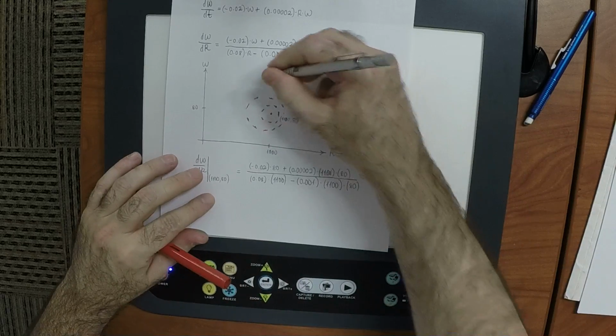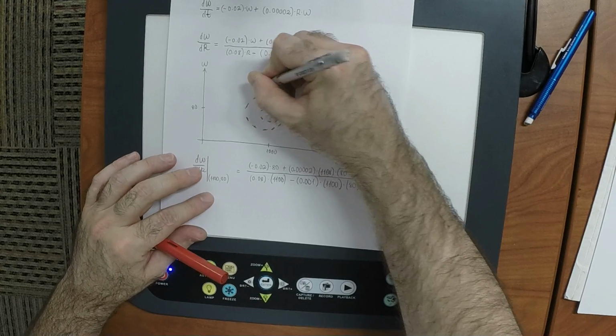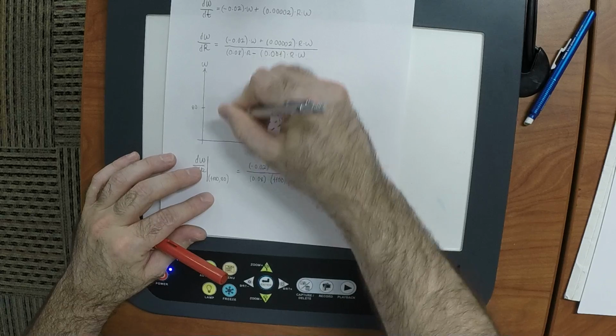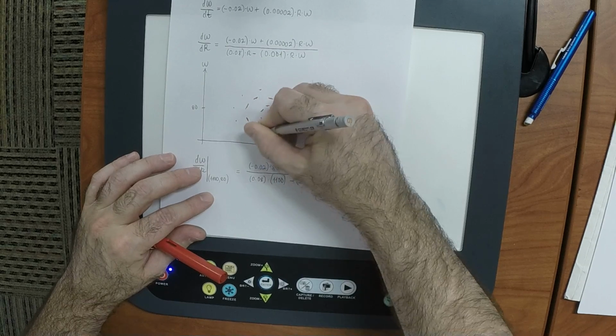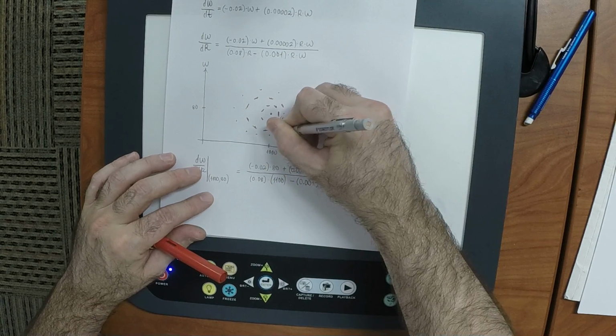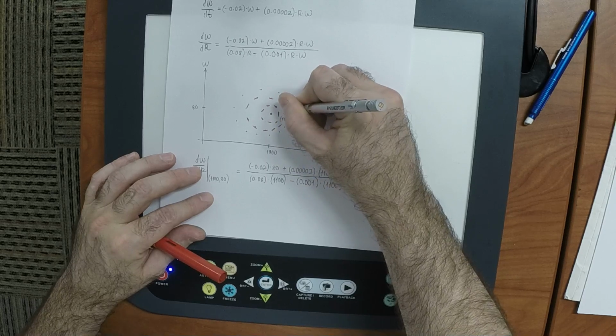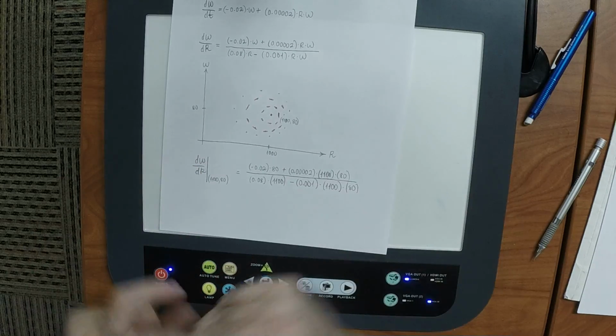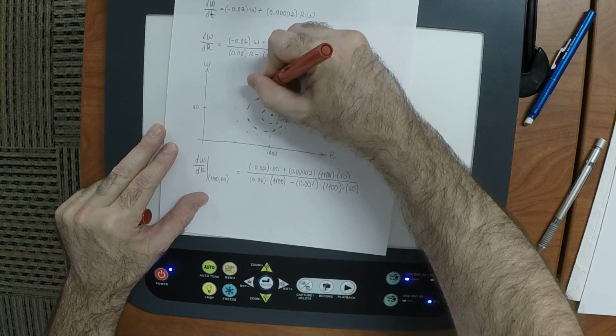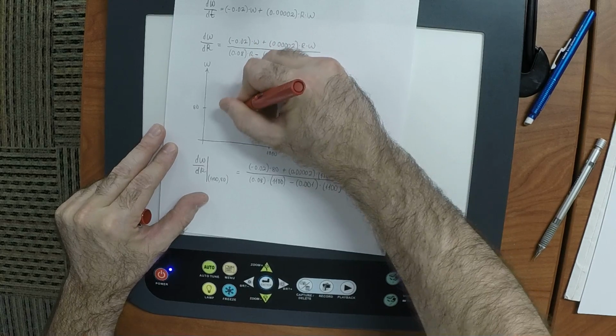Okay, I'll do one more loop. So what if you were back in the day with Lotka and Volterra, you'd be plotting these by hand.